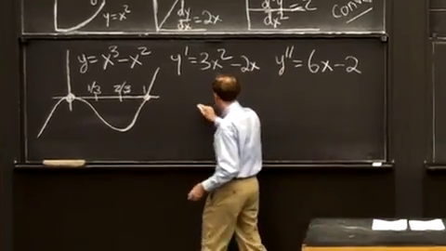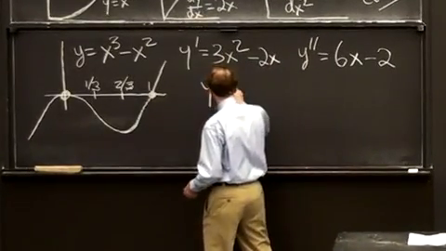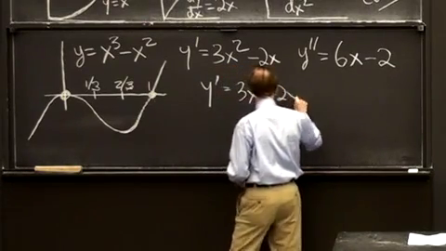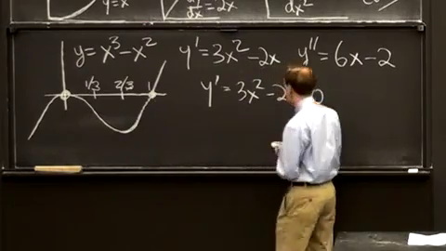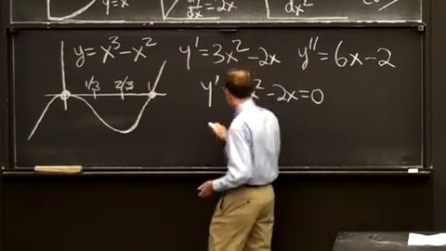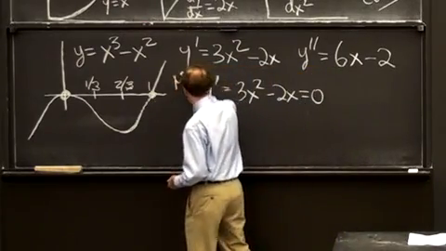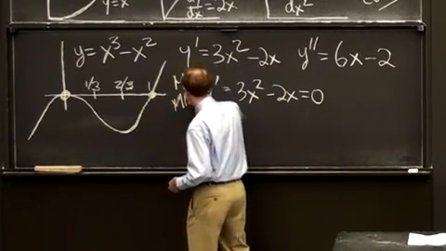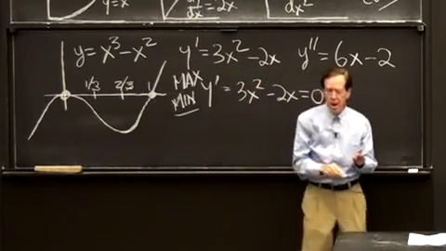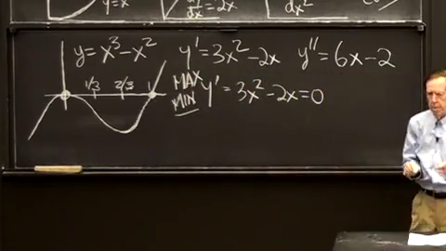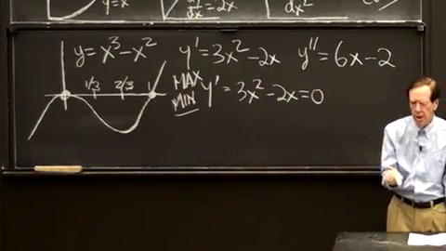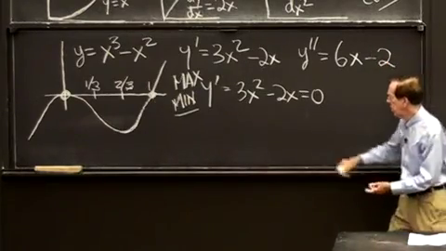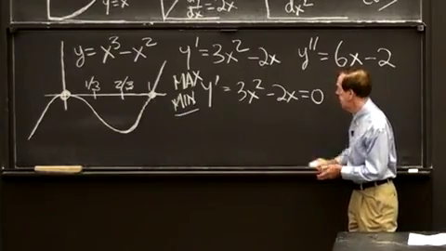So let me set y prime, which is 3x squared minus 2x, to be 0 because I want to look for max or min. And I look for both at the same time by setting y prime equals 0. And then I find out which I've got by looking at y double prime.